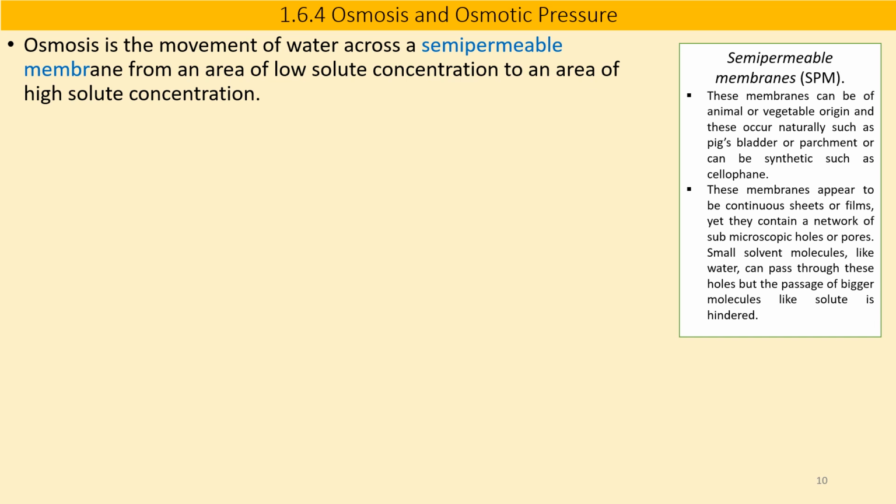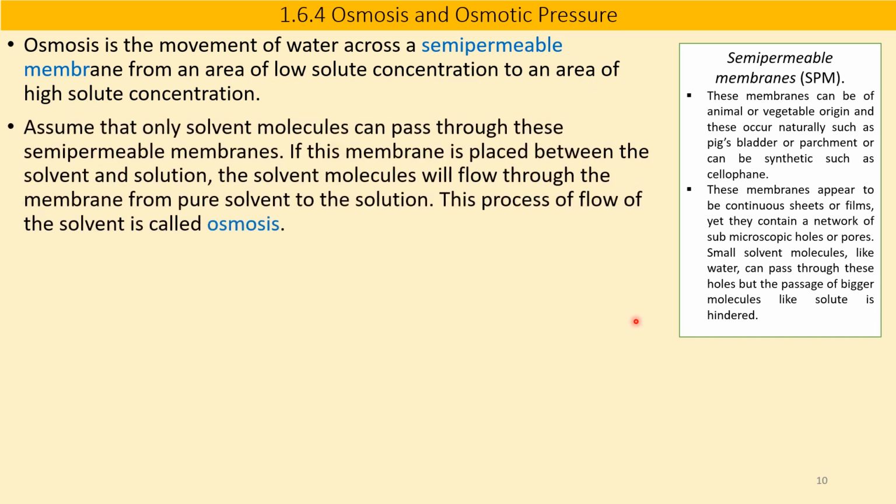These membranes appear to be continuous sheets or films, yet they contain a network of submicroscopic holes or pores. So, small solvent molecules like water can pass through these holes, but passage of bigger molecules like solute is hindered.